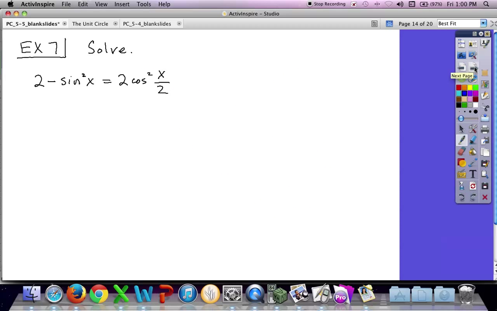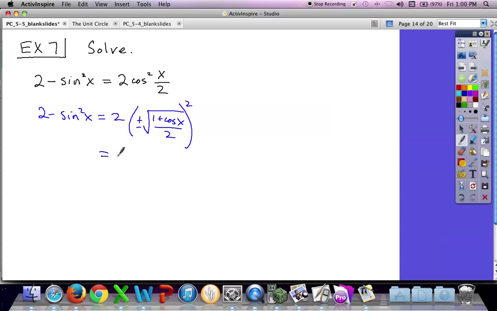So this is 2 minus sine squared x equals 2 times plus or minus the square root of 1 plus the cosine of twice the angle, which is x, over 2, but all of that is being squared because it's cosine squared. Remember, that's what it means to have that 2 there. But when you square, you not only are going to lose the square root, you're going to lose the plus or minus. So you won't have to deal with that anymore.